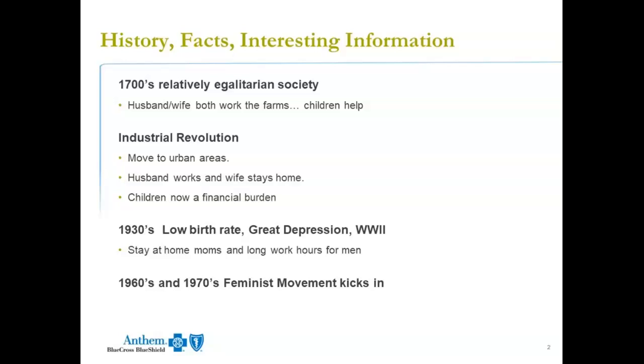Now we move on to the 1930s, and this was characterized by low birth rates, the Depression, and World War II. There were a lot of stay-at-home moms during this time, and men worked for really long hours. This type of society led to an increase in crime, suicides, malnutrition, prostitution, and alcoholism. And actually, during this time, professional education became halted at universities. Some universities closed because they were understaffed, and marriages were delayed because of the Great Depression and the war that was going on.